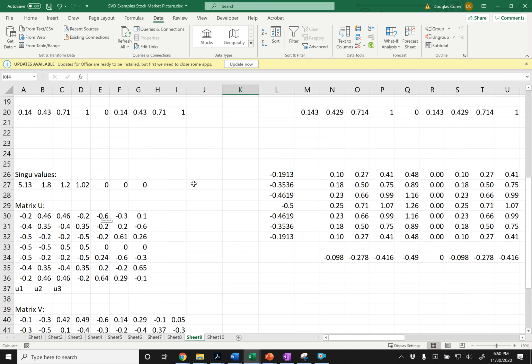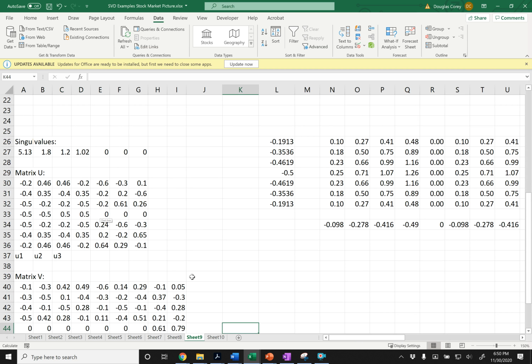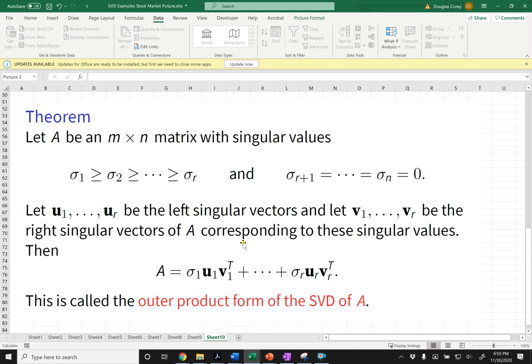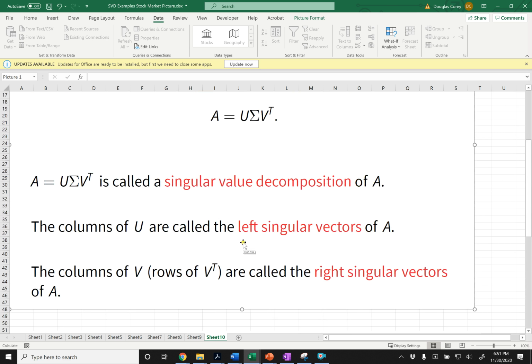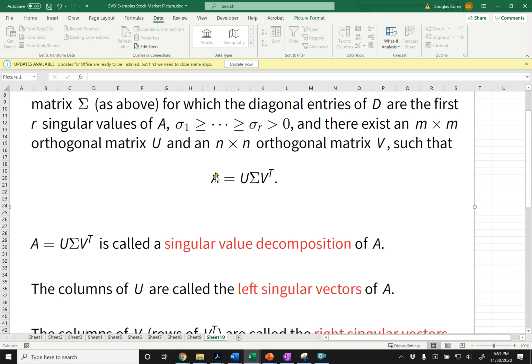But there's one more thing I want to do before I end this video, and that is I want to make sense of this structure right here. So U sigma and V transpose. It says A should be able to be written as a product of these three matrices.